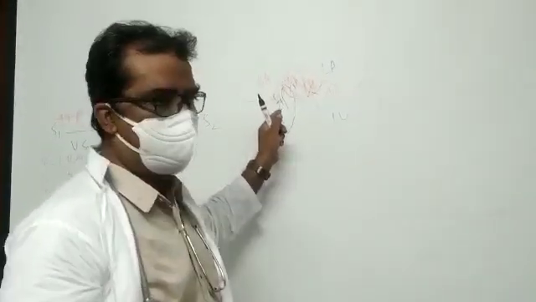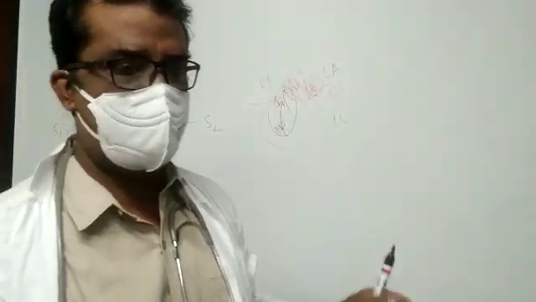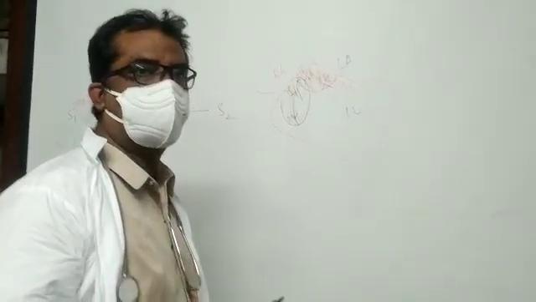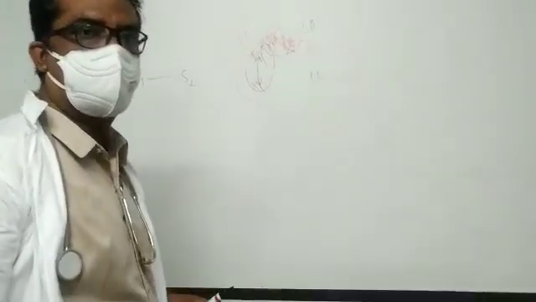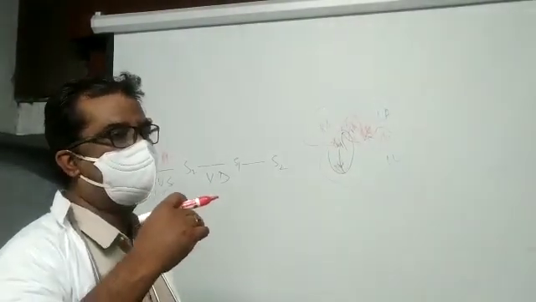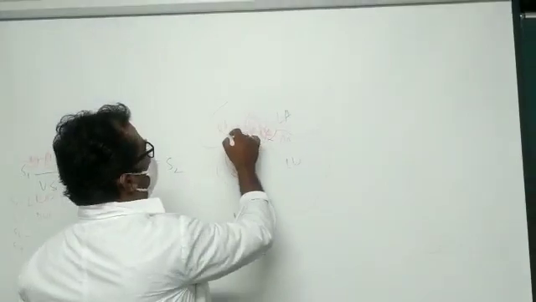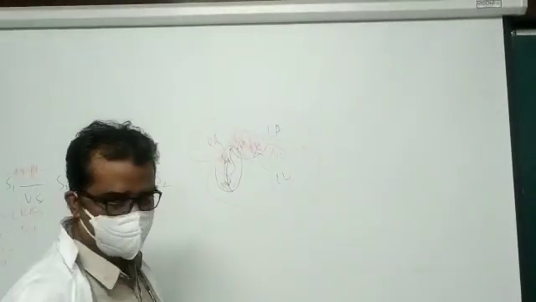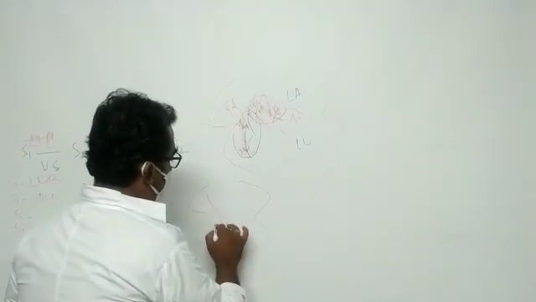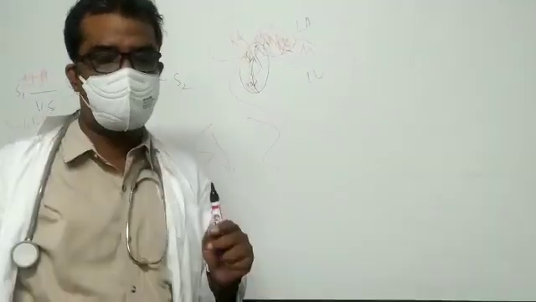When the heart is in diastole, during ventricular diastole, the third heart sound occurs at 1/3 of the ventricular diastole. That means it is a gush of blood coming from the right atrium to the right ventricle at the start of ventricular diastole.